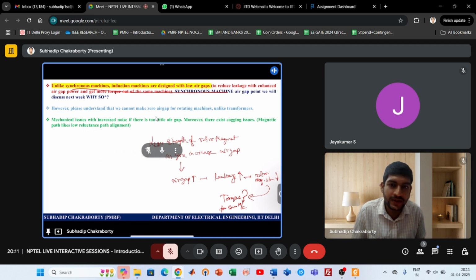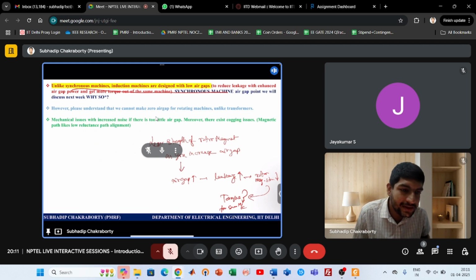But please understand that if you keep too high an air gap, then torque will be compromised for the same machine. We don't want that. And power transfer will be compromised because you lose flux. And if you lose flux, you are in a way losing power transfer. So however much power you are giving, that is not coming out.